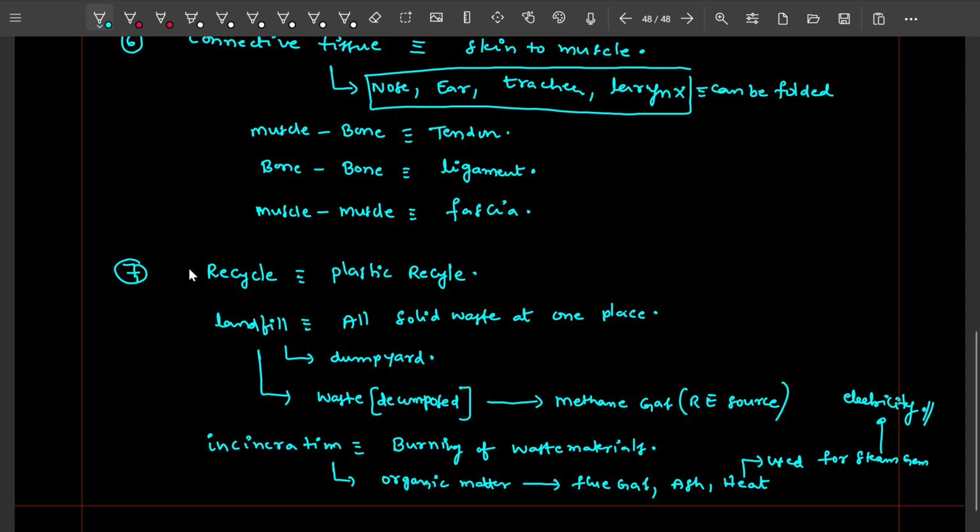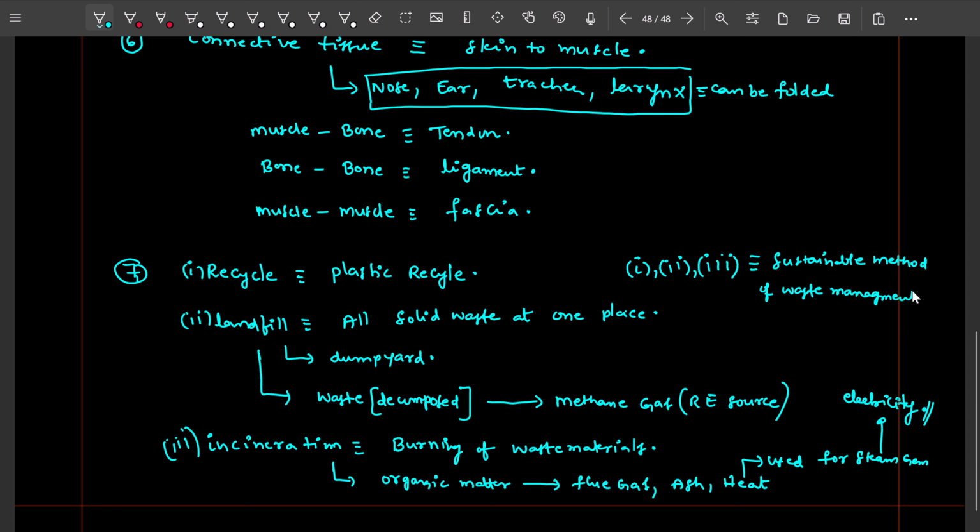These three methods, 1, 2 and 3, are called sustainable methods of waste management.